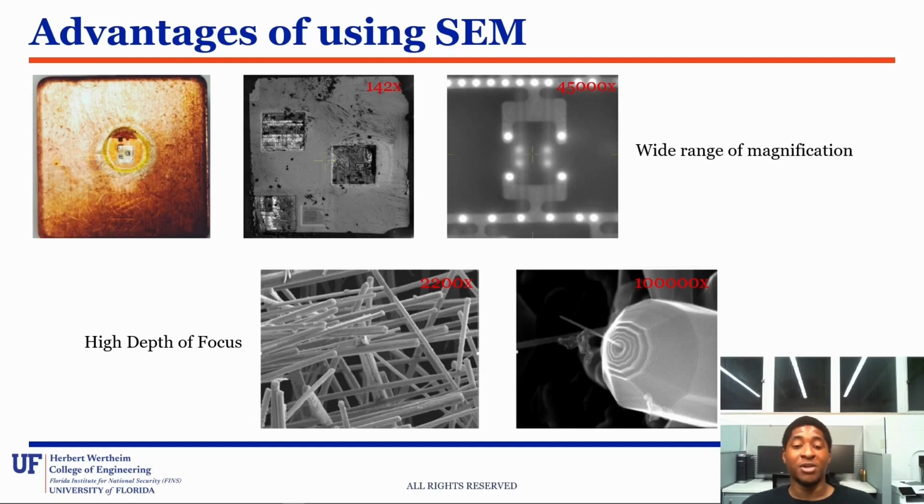What's truly remarkable about the SEM is it can go all the way to 100,000 times while still maintaining focus, allowing us to precisely distinguish individual structures. This is very valuable during the reverse engineering process and allows us to examine devices at a very precise level.